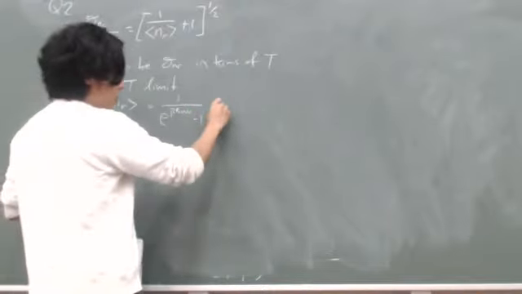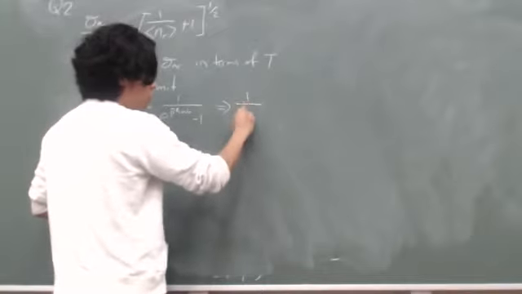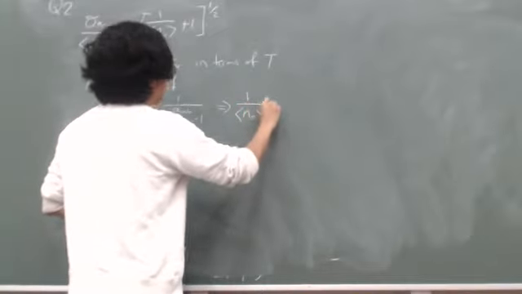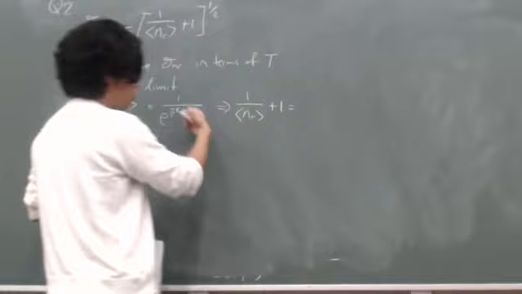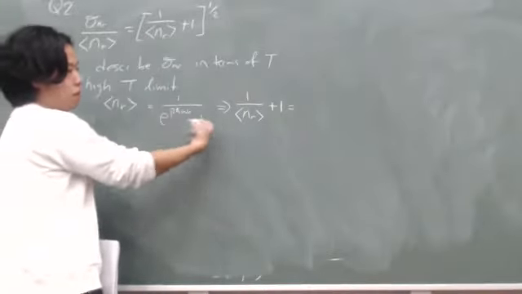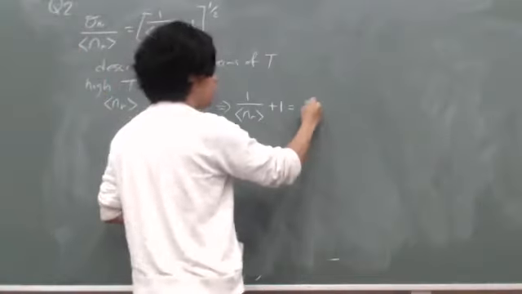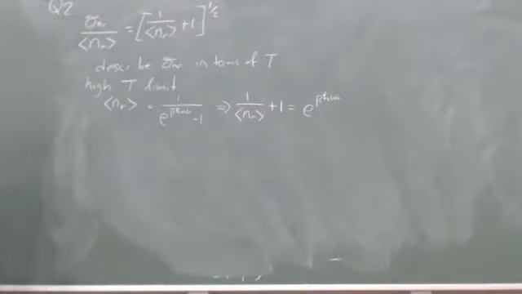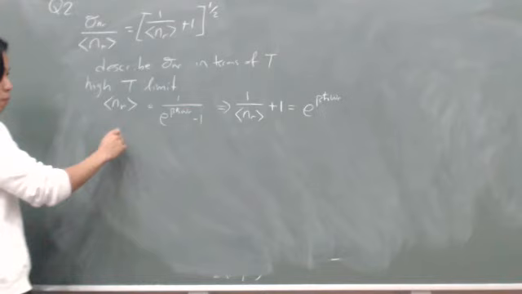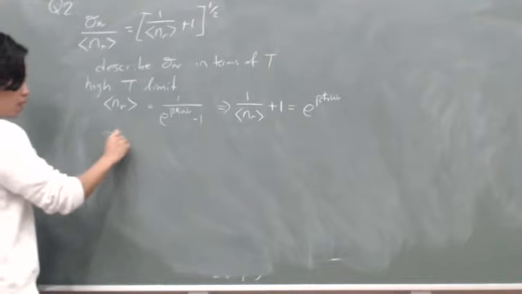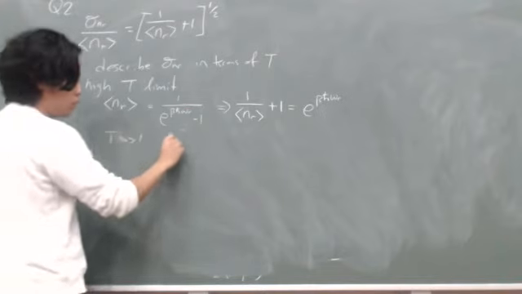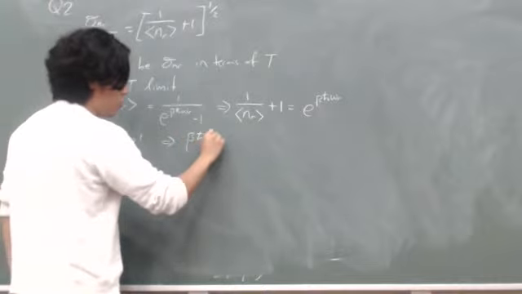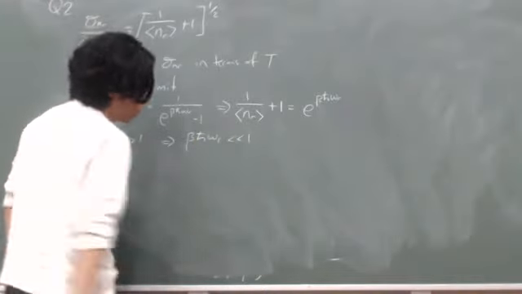And okay, that tells me that 1 over nr plus 1 is going to be the inverse of this thing, plus 1, so the ones cancel out. So it's just going to be equal to e to the beta h bar omega r. And at high temperature, T very much larger than 1, then beta h bar omega is going to be much less than 1.